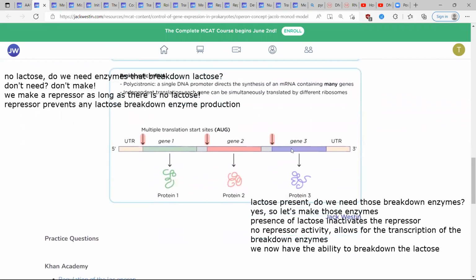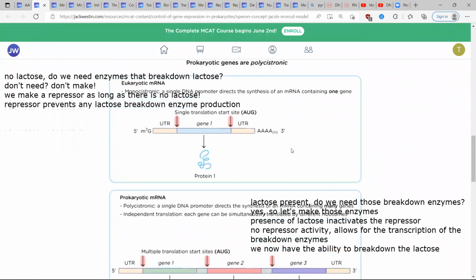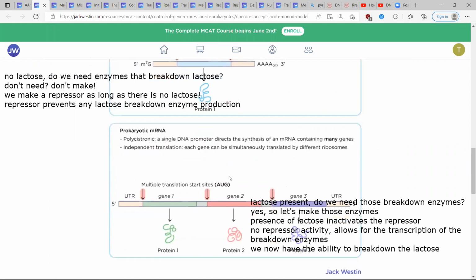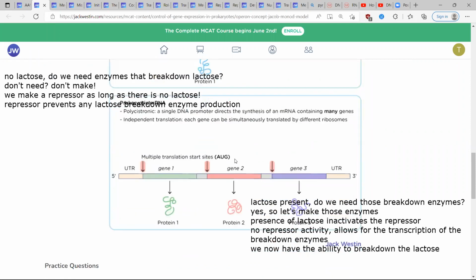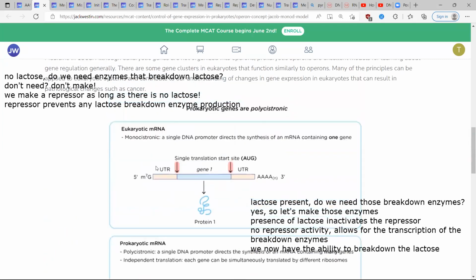It can do this all at the same time. The prokaryotes don't care. Eukaryotes care a lot. They're like one mRNA for one protein, and that's it. We're not messing around. They are very clear about it. One mRNA for one protein, you don't get any more. Prokaryotes, they'll do a bunch of proteins from one mRNA. That's just some vocab: polycistronic versus monocistronic in eukaryotes.